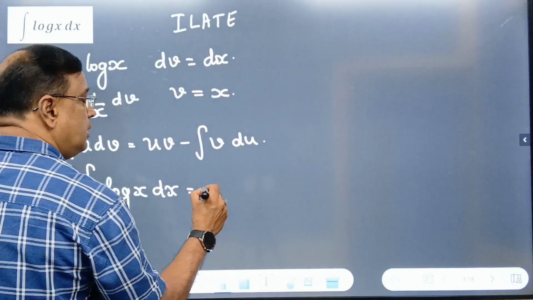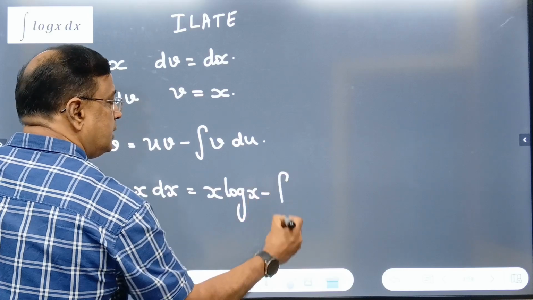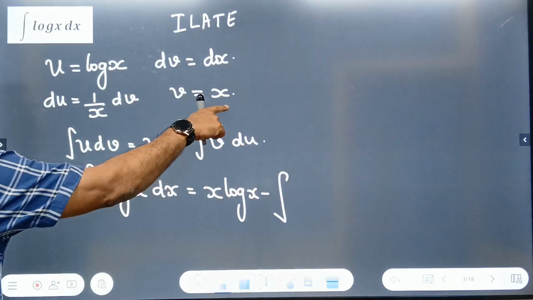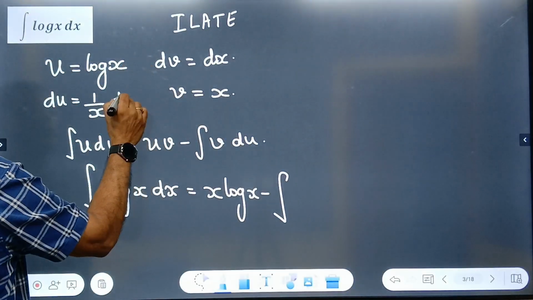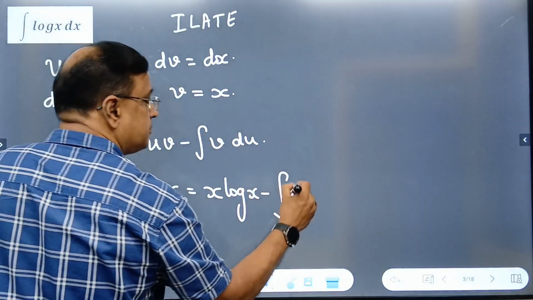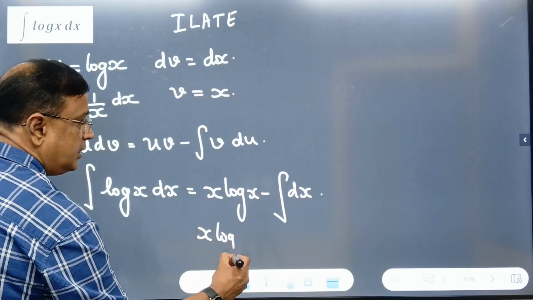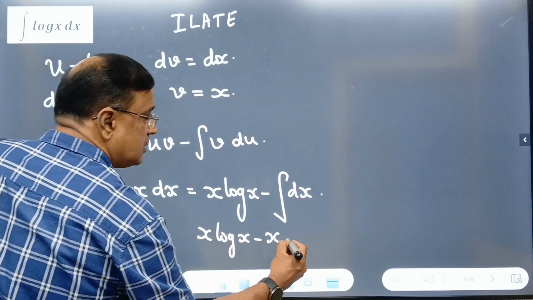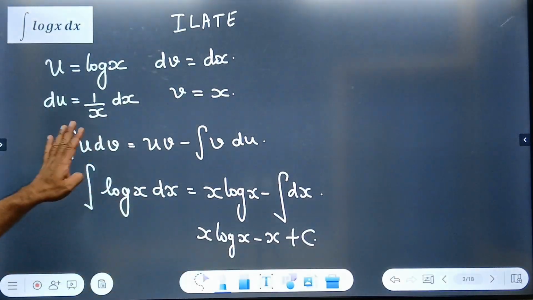What is uv? x log x minus integral v du. So x and 1 by x get cancelled, and you are left with only dx. Now this is x log x minus integration of dx, which is x, plus c. It's so simple. There is no difficulty at all.